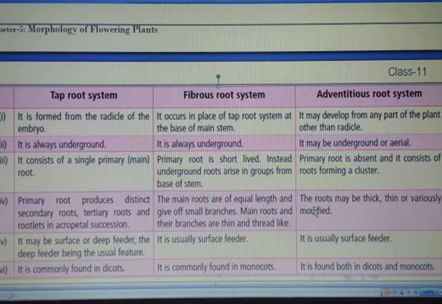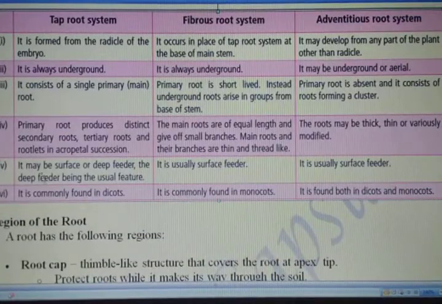The next point over here, in case of taproot system, they may be surface or deep feeder. Means what? Over here the main root can go deep into the soil. So that means it is called a deep feeder. And when it goes deep inside, means what? Later on the branches are going to develop deep inside, as a result of which it is helping the plant to fix properly, plus the branches which develop later help the plant in absorption.